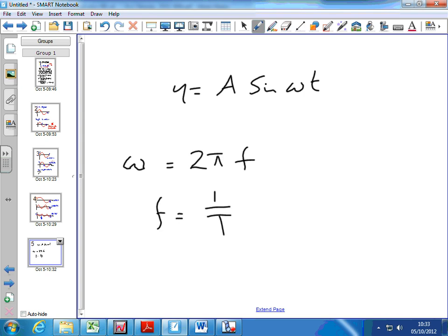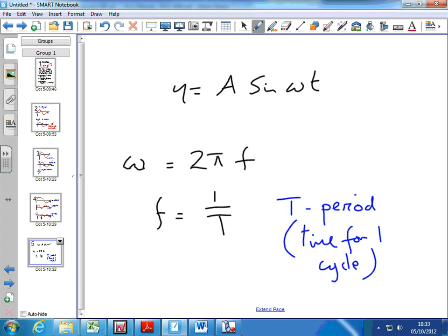The frequency is 1 over T, where T is the period, which is the time for one cycle. And f is the frequency in hertz, which is the number of cycles per second.